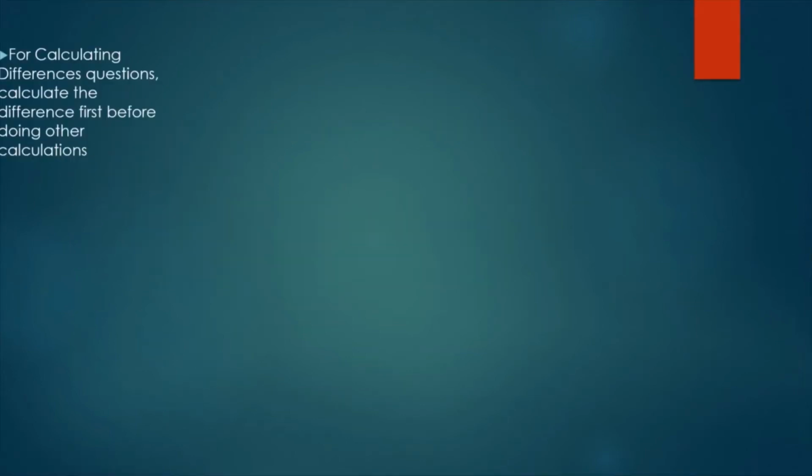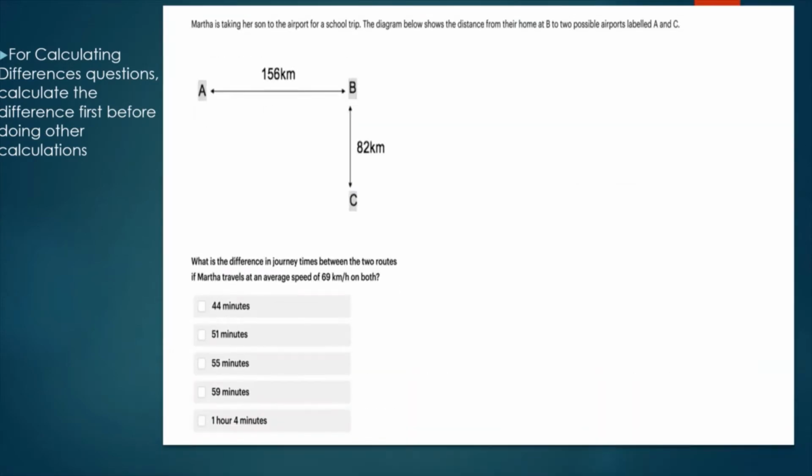Calculating differences questions: calculate the differences first before doing other calculations. So in this example, we're being asked to find the difference in journey times between the two routes if Martha travels at an average speed of 69. So between AB and BC, we need to find the difference in times.